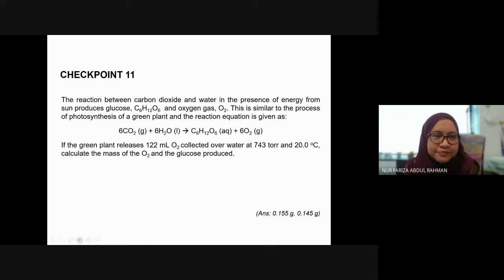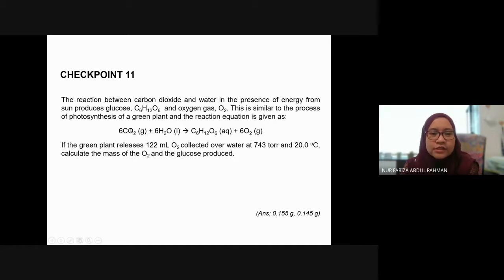Okay, jom, let's discuss. The reaction between carbon dioxide and water in the presence of energy from the sun produces glucose and oxygen gas. So this is similar to the process of photosynthesis of a green plant, and the reaction equation is given as below.